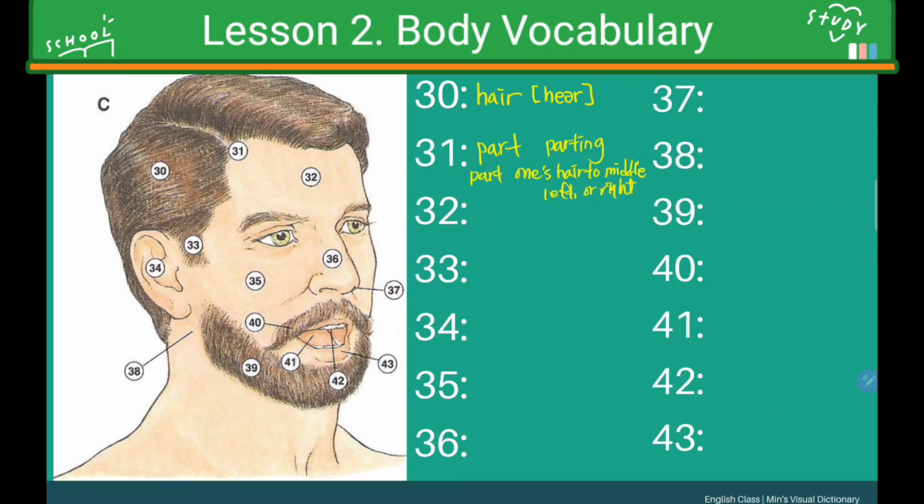Okay? And 32 is forehead, forehead, just like the forearm, forehead. And 33, it's a very important one, sideburn.